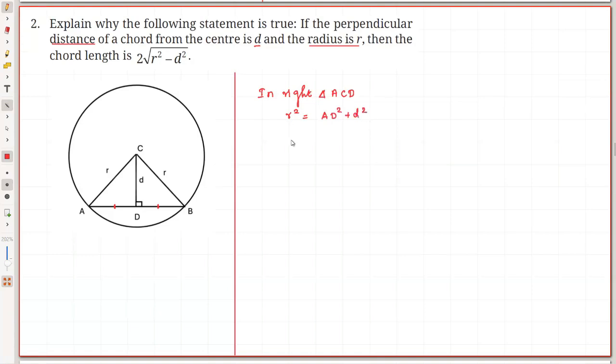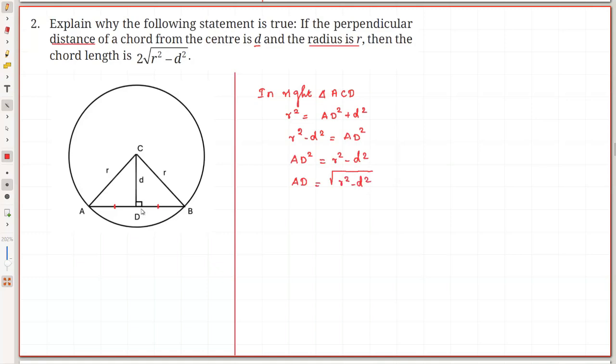Now take this D square to this side. R square minus D square is equal to AD square. So we can interchange and write AD square is equal to R square minus D square. Therefore AD is equal to, taking the square root on both sides, square root of R square minus D square.